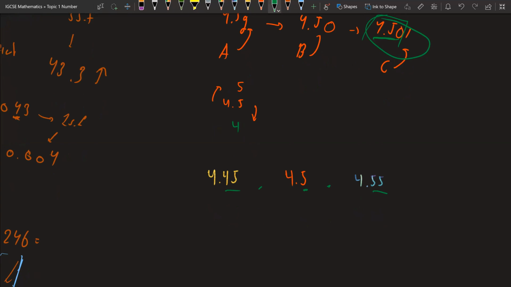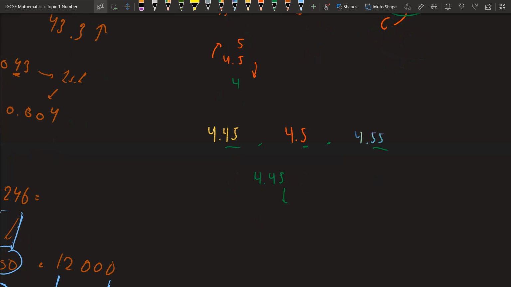Okay, it could be 4.45 for sure, or it could be more than that. It could be exactly 4.45, but it could also be more than that, or it could be 4.53. Okay, but it cannot be 4.55 because that's the upper bound. That's the maximum value.